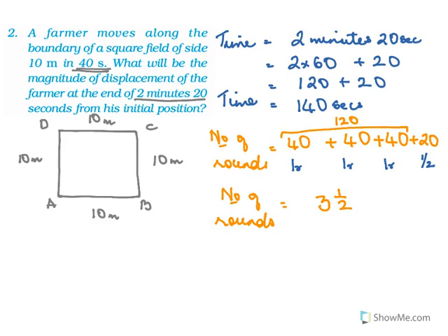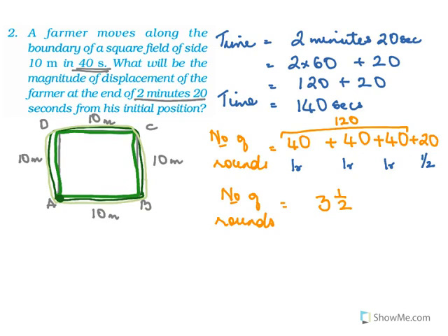So let's find the distance and displacement for 3.5 rounds, which means if he starts at point A, he will now move up. This will be his one round done. Then he'll go on to the next round, second round. Now he will take the third round, and now it's time to take the fourth, the half round.